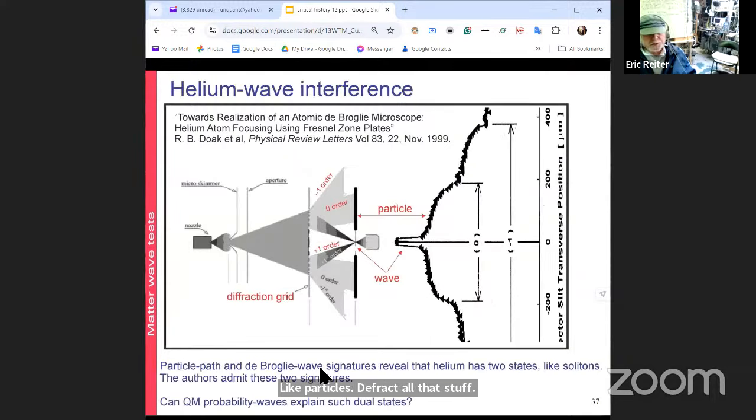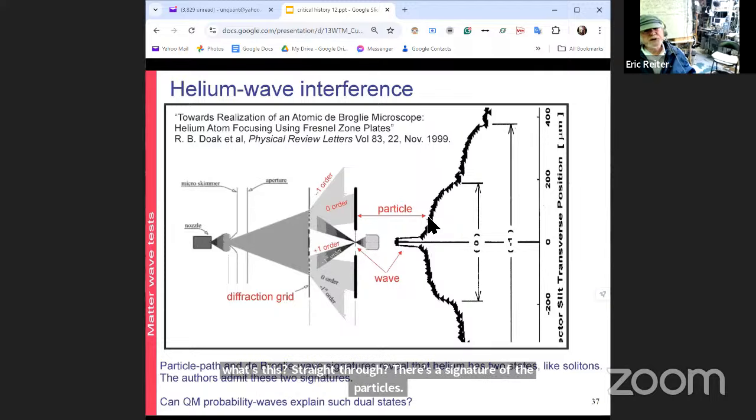Then there's this other important experiment where they diffract helium again in a grating of circular slits, and they focus the helium nuclear wave function, so saith Eric, and they see the signature of the wave. That's great. But what's this? There's straight through, there's a signature of the particles.